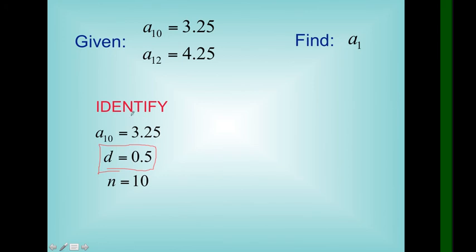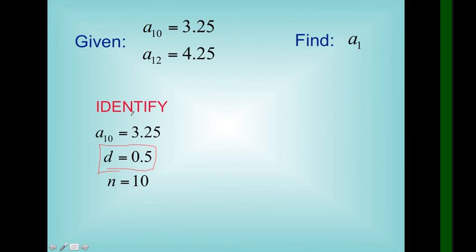Earlier we just represented, because we could not determine the difference of the two since we were missing a term, which is a sub 11. Okay? So, given now a sub 10 which is 3.25, d which is equal to 0.5, and n which is equal to 10.